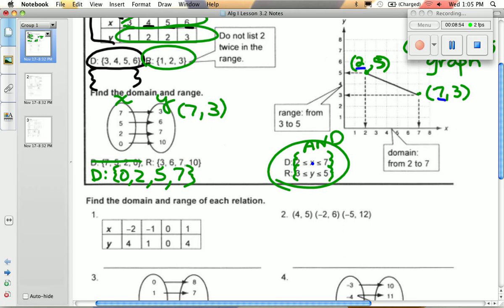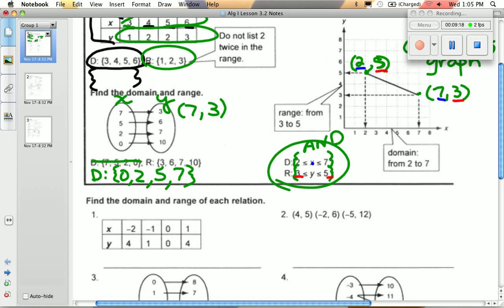Same thing with the range. Let's look at the range. The range goes as high as 5 and as low as 3. Its endpoints are 3 and 5. Range, y values. So notice how they wrote it. 3 is at one end, 5 is at the other. It's in between those, and the equal to bar is included because the endpoints are also included, aren't they?